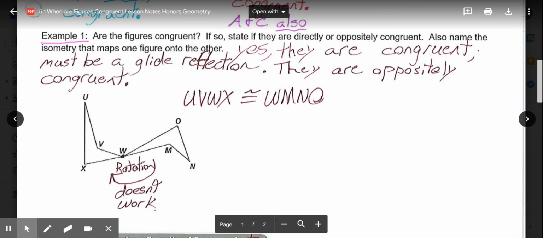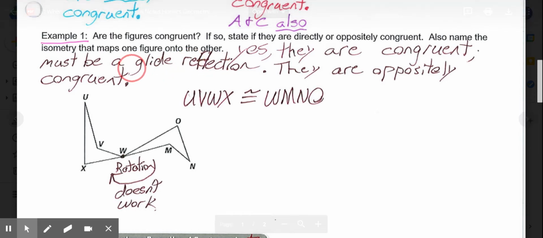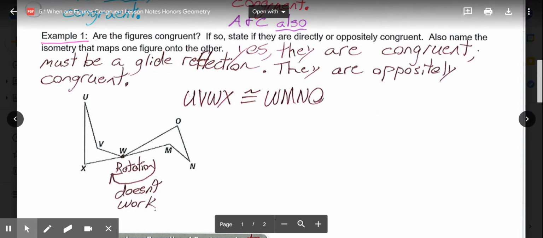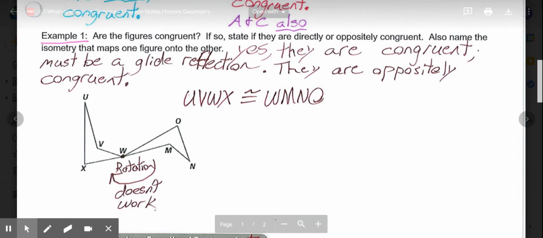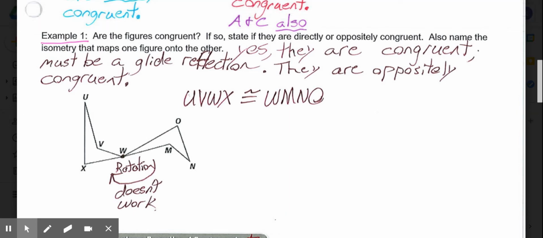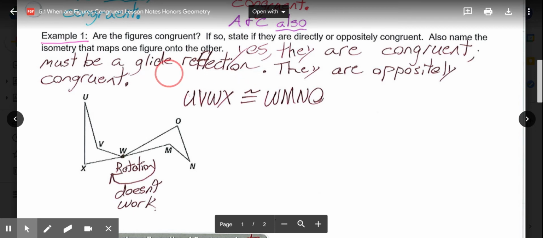So this must be some sort of a glide reflection, a combination of a flip and a slide, or a flip and a spin. Either way, we have a glide reflection, which means they are oppositely congruent.